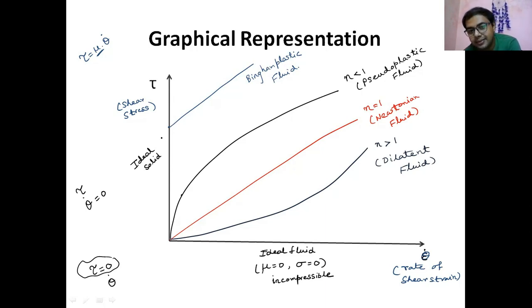Non-deformable solid. However much shear you are giving, still no deformation is taking place. So this ordinate is the plotting for the ideal solid, and this abscissa is the plotting for the ideal fluid. So this is the total graphical representation we are considering.